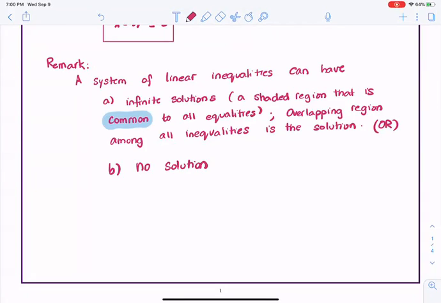if I draw two parallel lines and we want to find a solution satisfying both inequalities, it would result in a problem. I would illustrate it on the side over here.